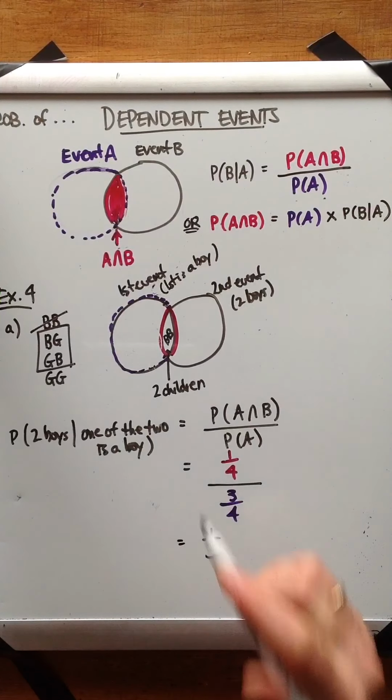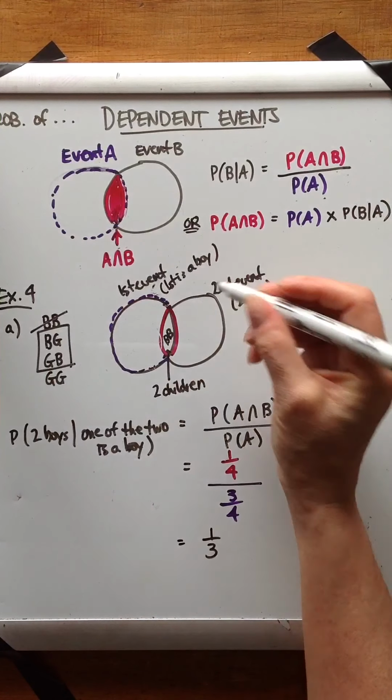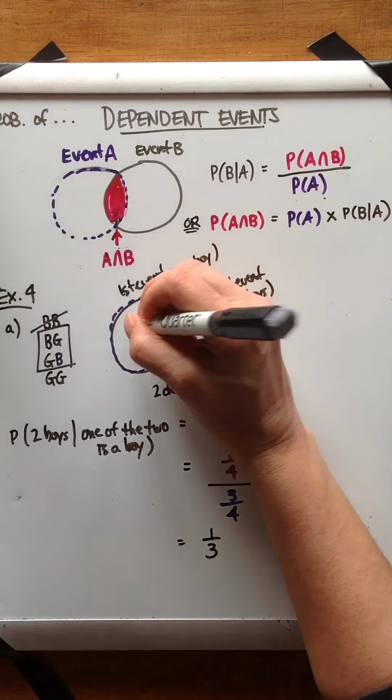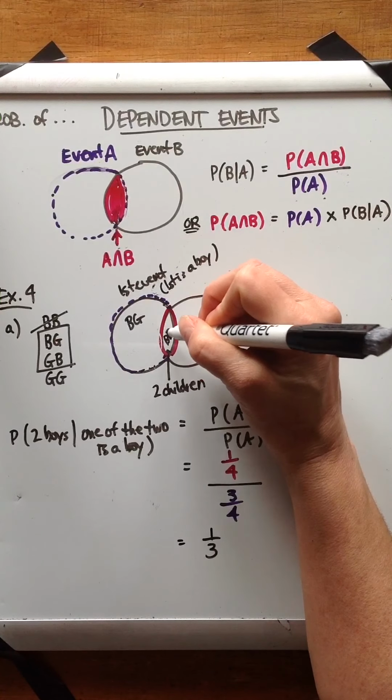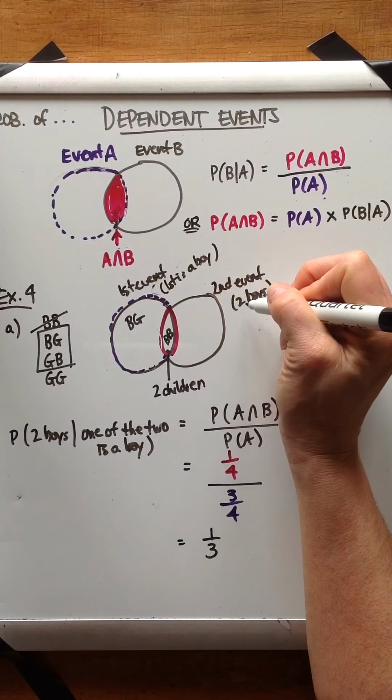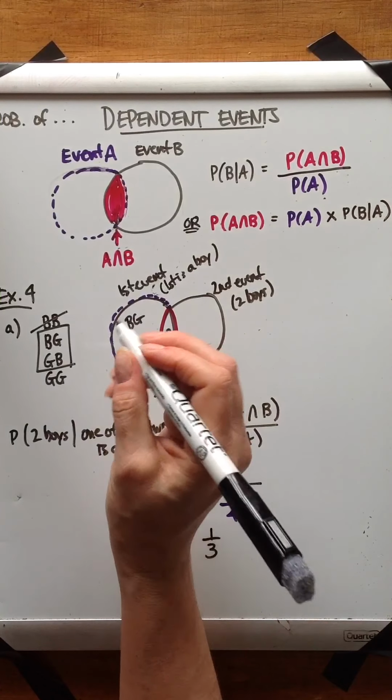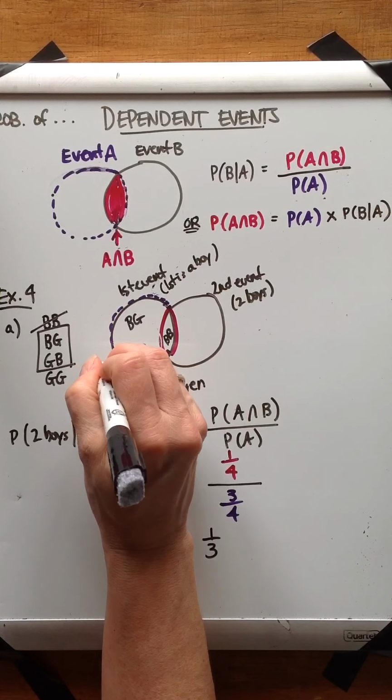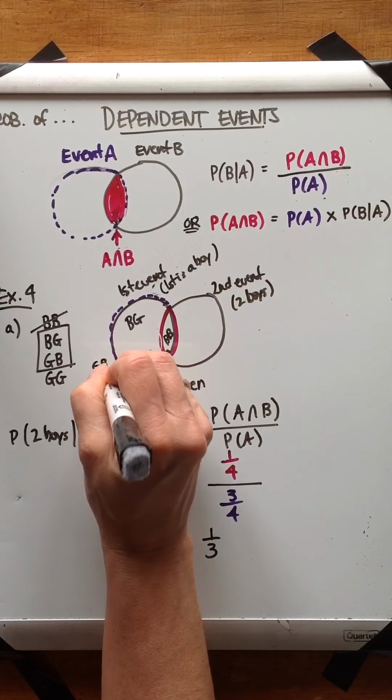Okay. Well, out of all these possibilities, the first one is a boy, can be BG or BB. But BB can be in the overlap region because it also meets the criteria of the second event as well. That means that the events where the girl is first are outside the set. Girl-boy and girl-girl.